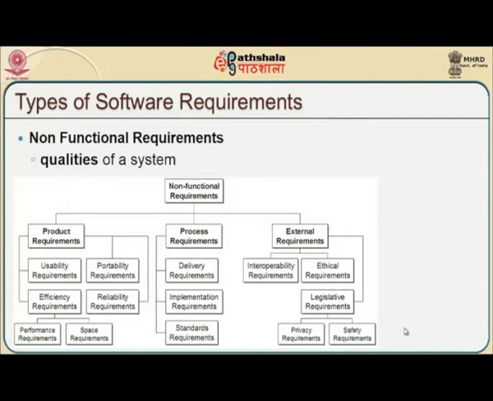If you are very specific about the product requirements, I will be looking at usability, efficiency, portability, reliability, performance, and space. Efficiency has to do a lot with the performance and the space constraints.